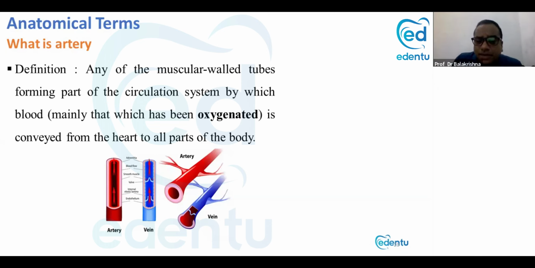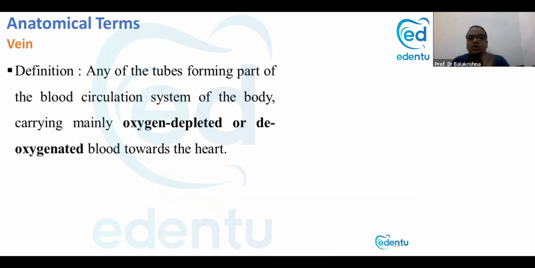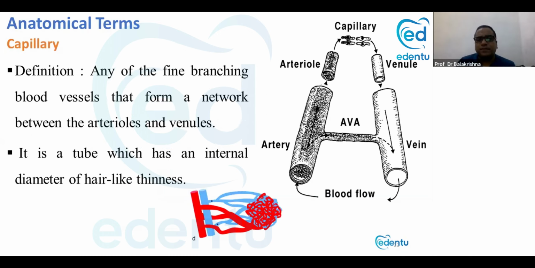That is an artery. Similarly, veins carry deoxygenated blood. Any of the tubes forming part of the blood circulation which carry oxygen-depleted or deoxygenated blood go towards the heart. The heart is the pumping organ, or the cleaning organ, you can call it. We'll be discussing that. Now you see this photograph first.